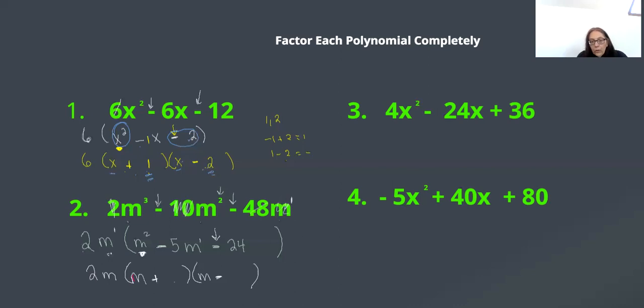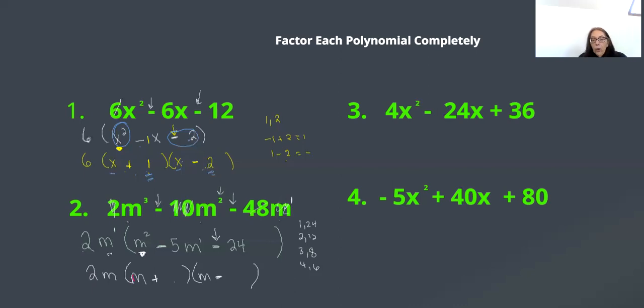So 1 times 24, 2 times 12, 3 times 8, right? You caught me, I know you did. 3 times 8, 4 times 6. Those all multiply to 24, or 48, excuse me. Wait, 24.